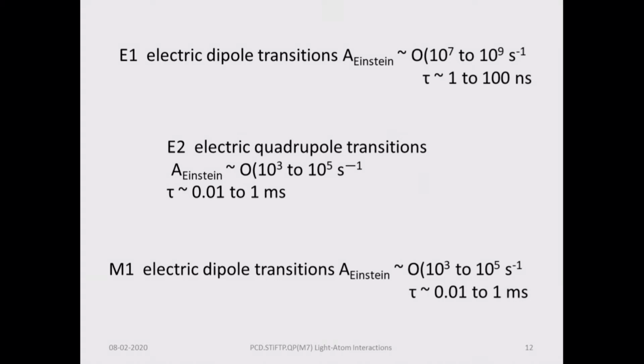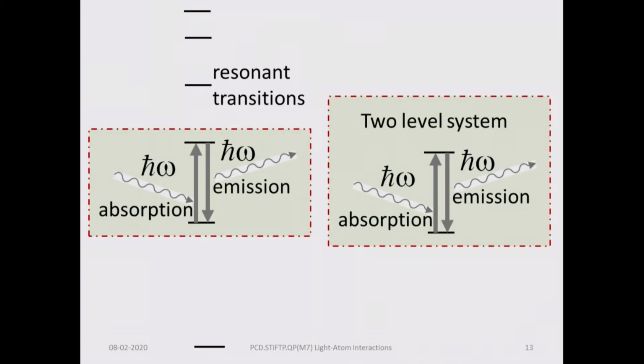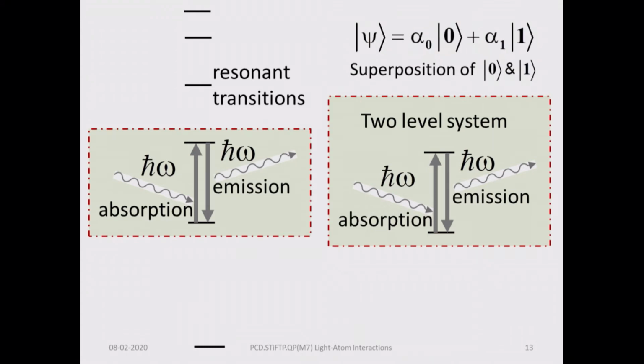You can also have a magnetic dipole transition, and they have different lifetimes. Okay, so we will now talk about these transitions in the two-level systems, and now we use formal quantum theory.